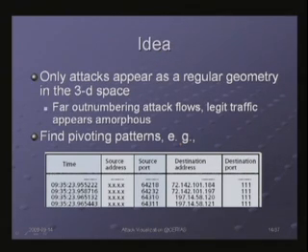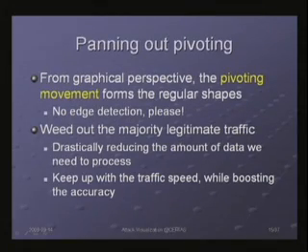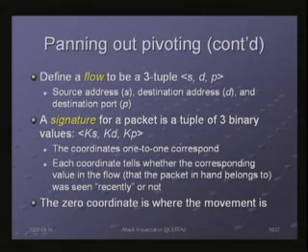So one of those three values, there are things that move, the coordinates that move. So we can detect those pivoting patterns and exploit that property to get only the attacks, while ignoring the legitimate traffic. So how do we pan out this pivoting behavior?